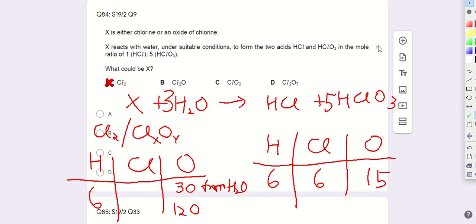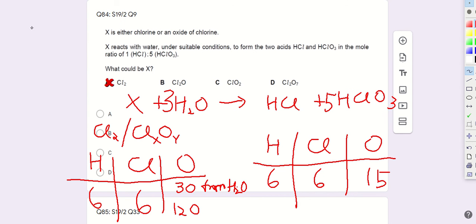How do I know which is the formula? Here I have 6 chlorine atoms, and all of them must come from X. So for X, I must have 6 chlorine and 12 oxygen.